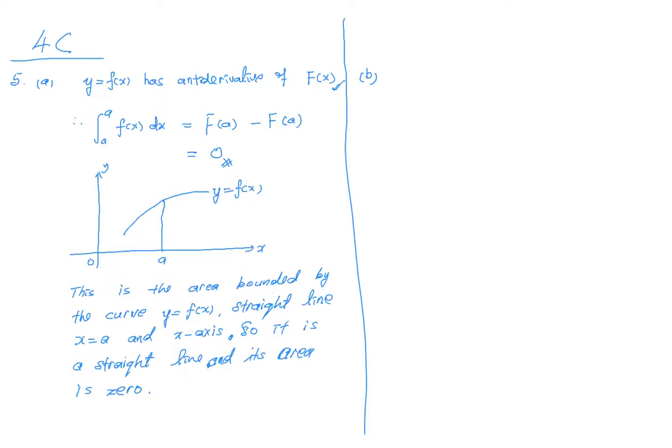Okay, how am I going to solve part B? If I put graphically, then how are you going to write also? So I'm going to show you both. So for part B, how do I write? y equal to k has antiderivative of, okay, I'm going to call someone.